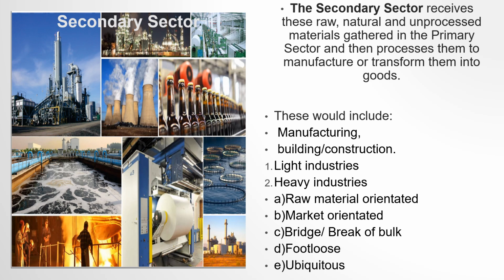So these will include your manufacturing, your building, your construction, and also very important to take note of the light industries, the heavy industries, the raw material orientated, the market orientated, the bridge or break of bulk, the footloose, and the ubiquitous industries. All of these you need to be able to define and know for the upcoming exam.